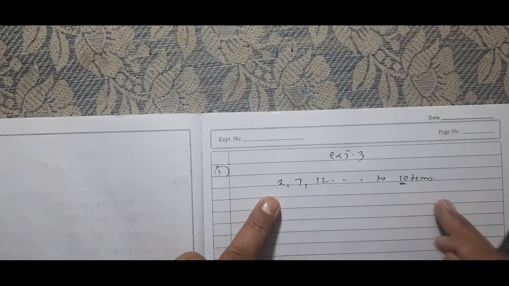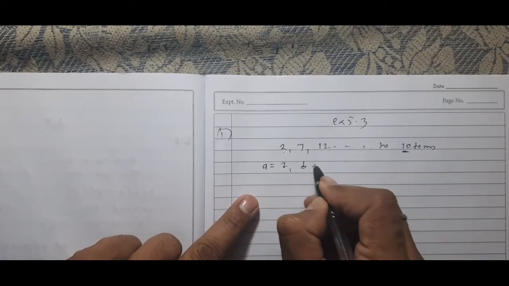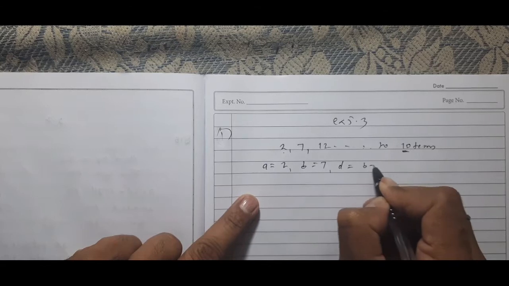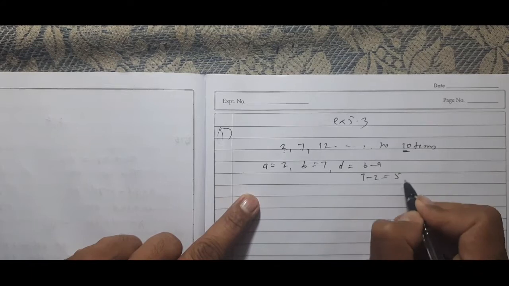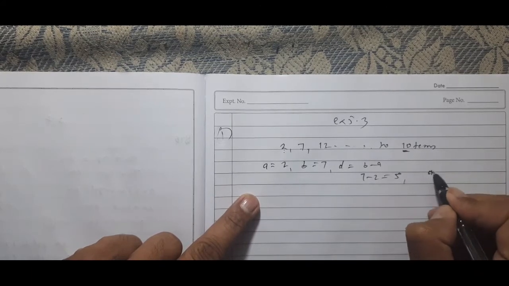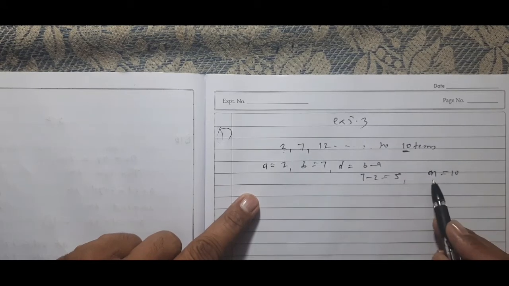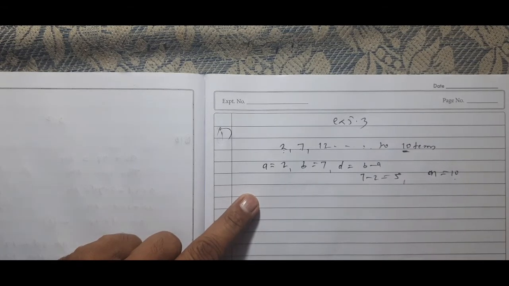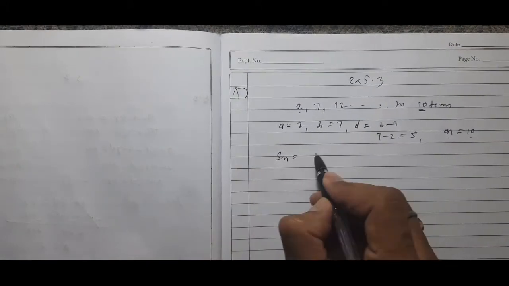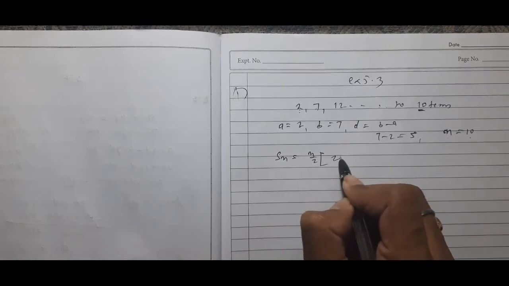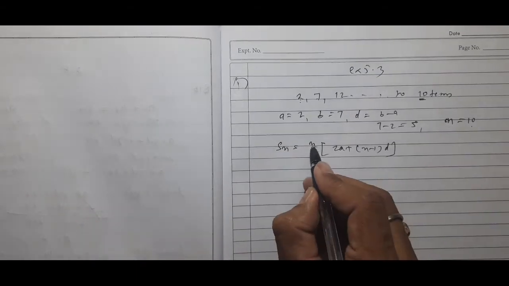Means we have to add it up to the 10th term. So a equal to 2, b equal to 7, then d equal to b minus a. So 7 minus 2 is 5, and n value is 10 because we have to add till the 10th term. Got it? So the formula is Sn, means sum of n terms. Sn equal to n by 2, 2a plus n minus 1 into d. This is the formula.